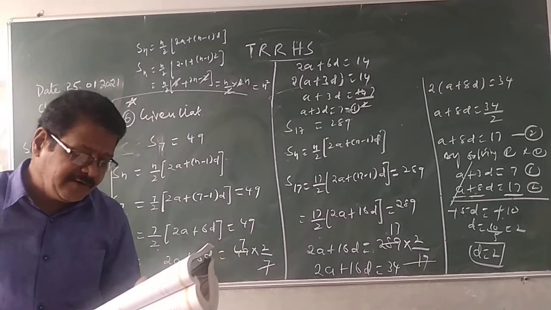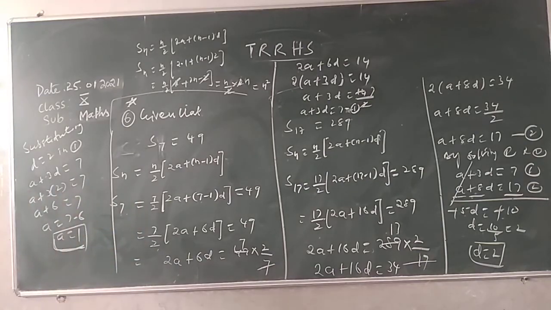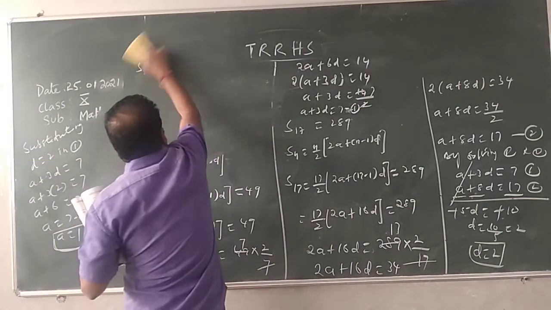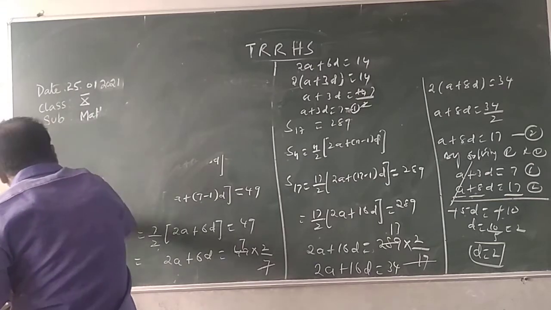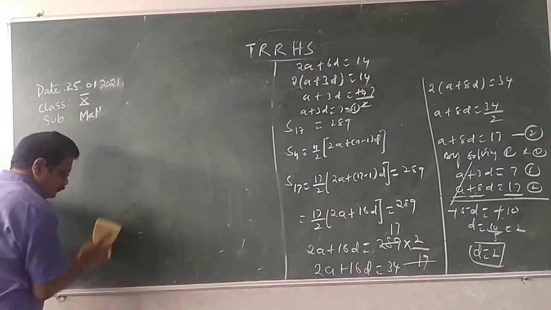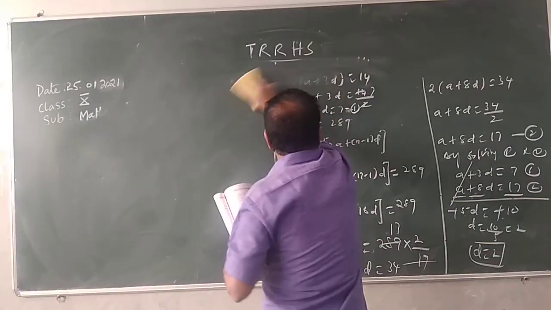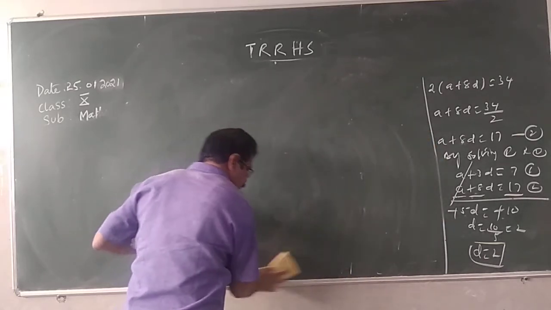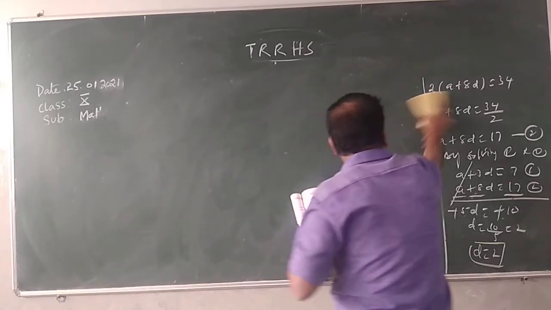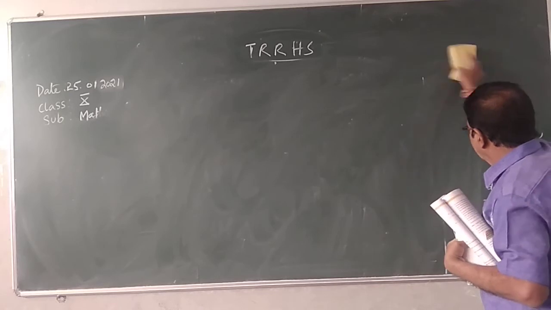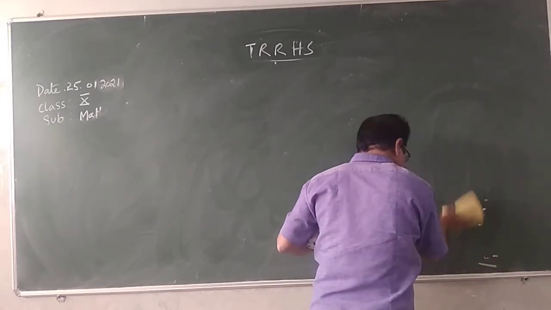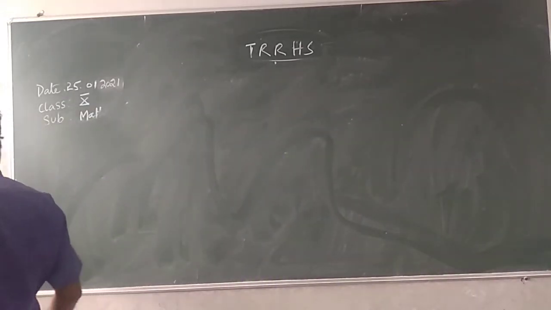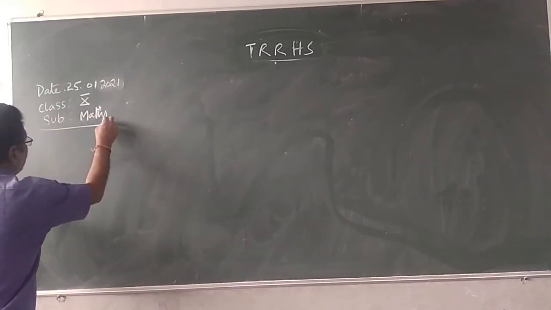Also find the sum of the first 15 terms in each case. I will explain the seventh problem.